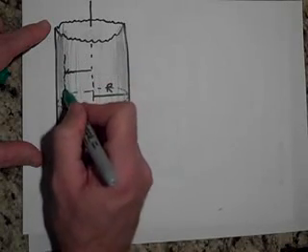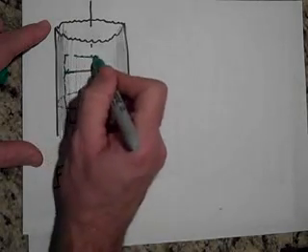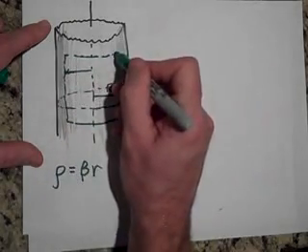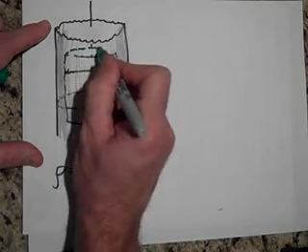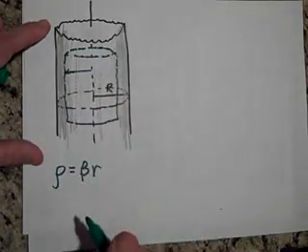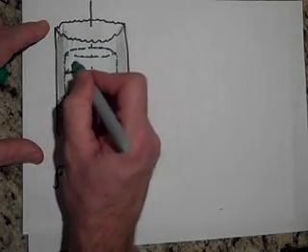That's my Gaussian surface. It's a cylinder, and I'm going to call its radius the radius of the Gaussian surface, r sub g.